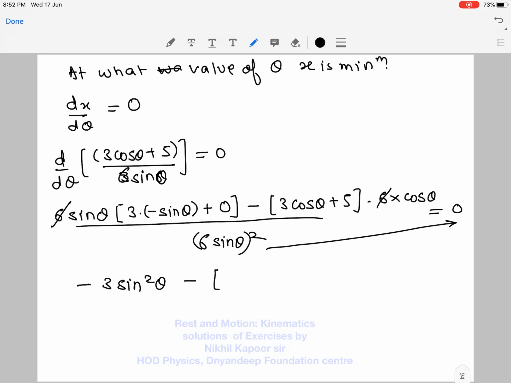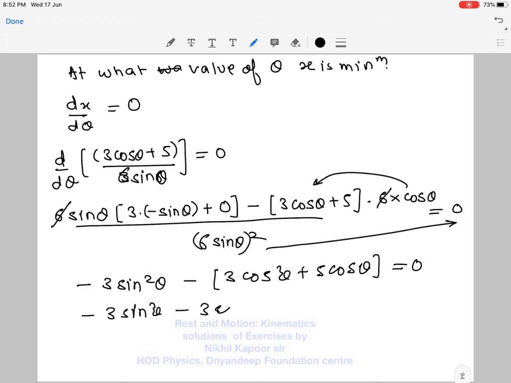minus, this cos theta will get multiplied here, so this becomes 3 cos square theta plus 5 cos theta equal to 0. So I will open this bracket: minus 3 sin square theta minus 3 cos square theta minus 5 cos theta equal to 0.